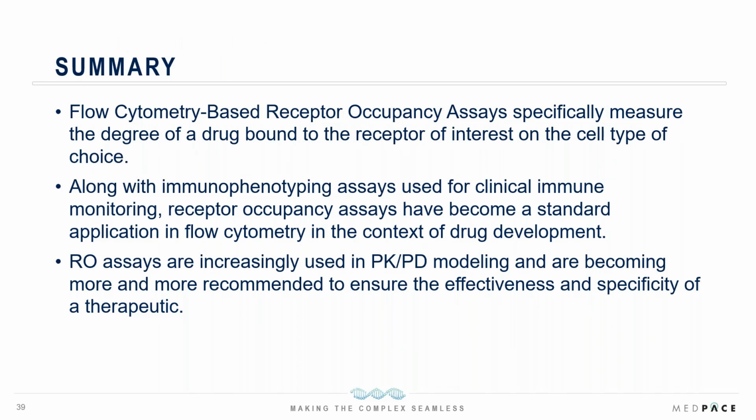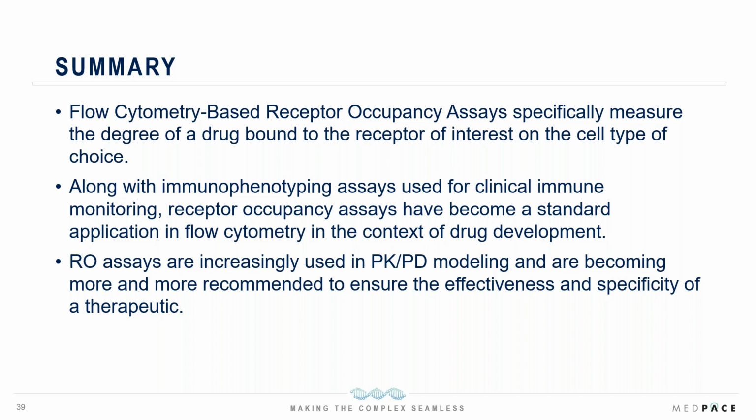modeling their data. So in summary, flow cytometry-based receptor occupancy assays specifically measure the degree of a drug that is bound to the receptor of interest on the cell type of choice.